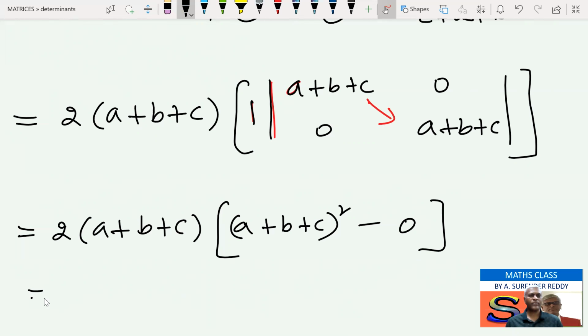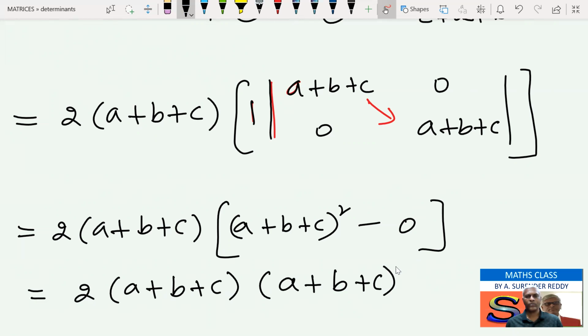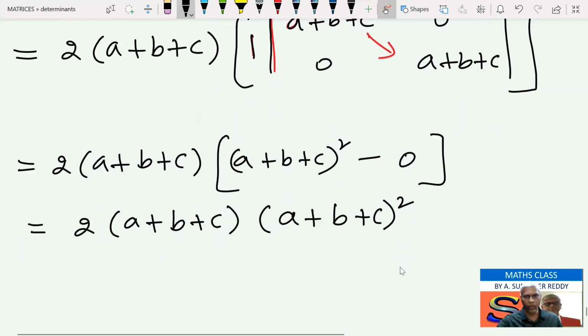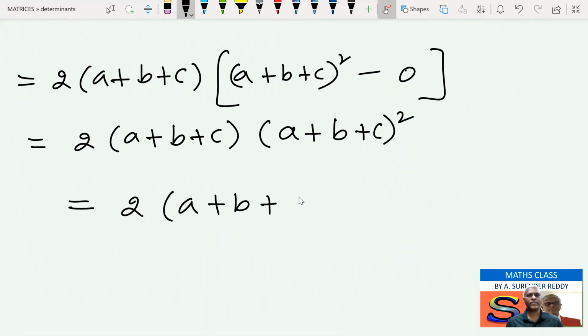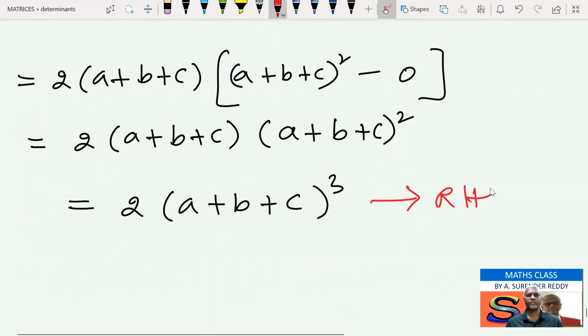So this can be further simplified: A plus B plus C into A plus B plus C whole square. So that is 2 into A plus B plus C whole cube. So this is the required answer.